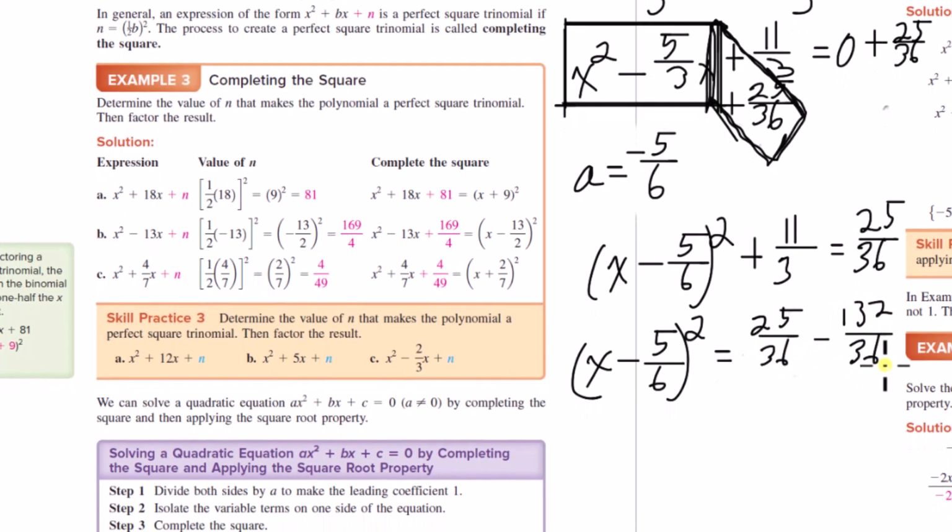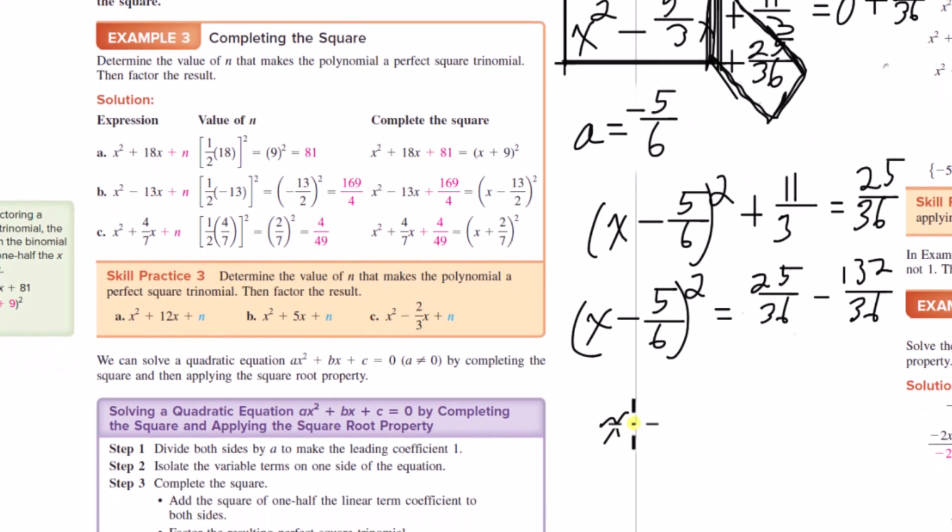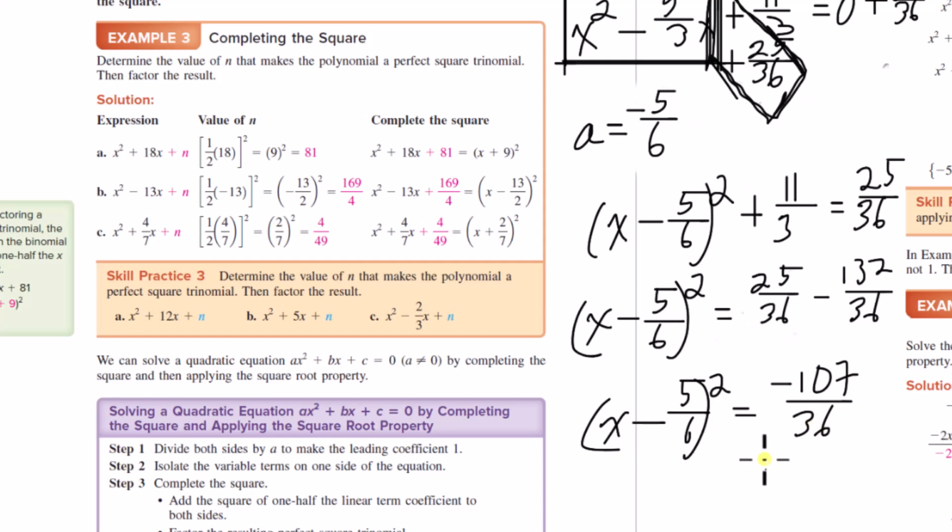And what we're going to get is, so let's see, minus 107 over 36. We get a negative number, but you see, we end up with this binomial squared and a constant on the other side. We can apply the square root property now. Here we're actually going to have an imaginary number, but that's the idea.